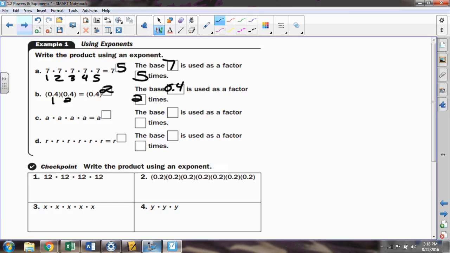You do not have to know what that number is. And that's where we have variables in. We can repeatedly multiply an unknown number again and again and again and still create a power, such as here, 1, 2, 3, 4 times. So we have an exponent of 4. The base of A is used as a factor 4 times.